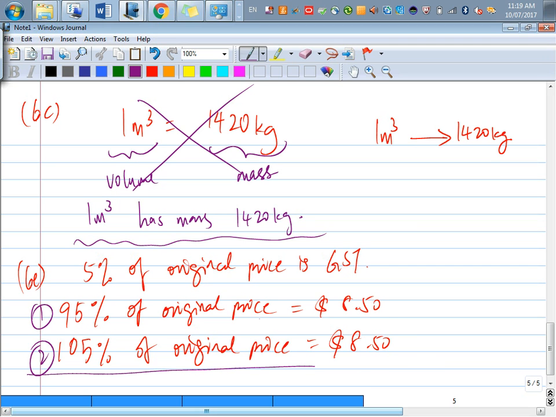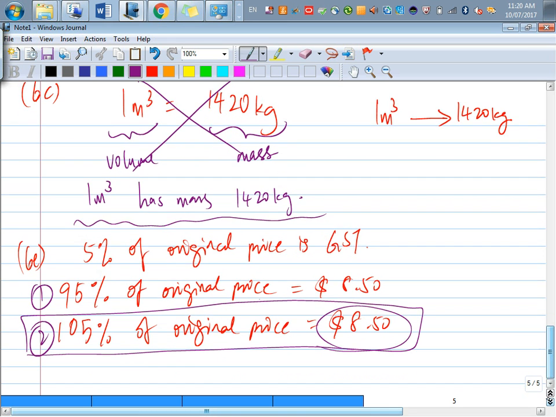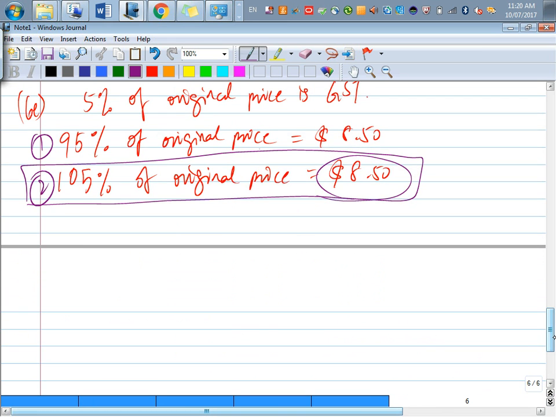Number 2 will be the correct expression that we are using. 100% is the original price. I slapped a 5% GST on it. So I reach a total of 105%, and this amount is $8.50. So from here you continue to evaluate and find out what is the total tax paid.